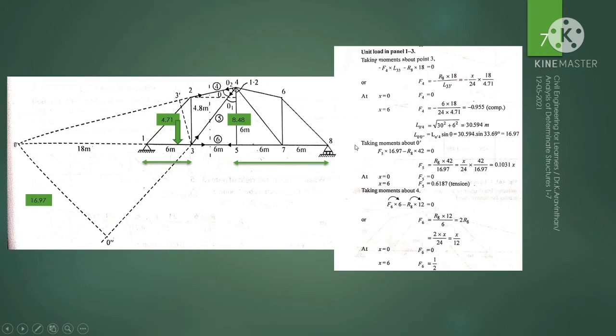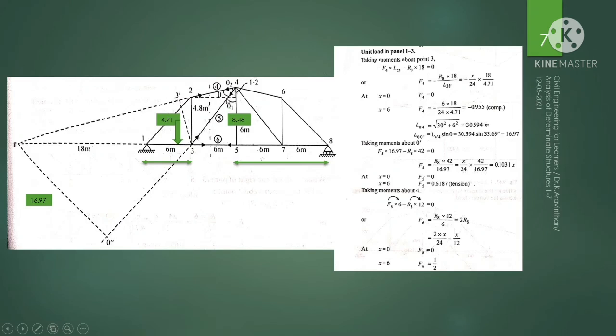While taking the moment at O dash, the distance from here to here is 30, and this is 12. So 30 plus 12 will be 42. This will be anti-clockwise, hence minus R8 into 42. And next you will be having a reaction here.